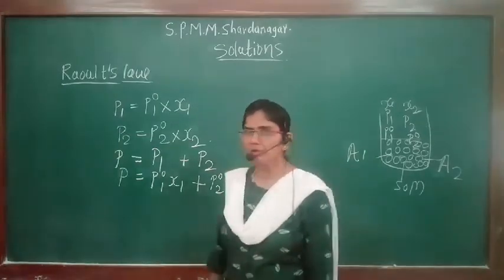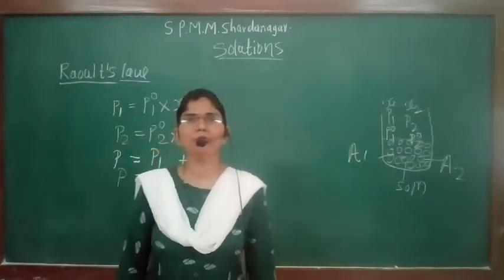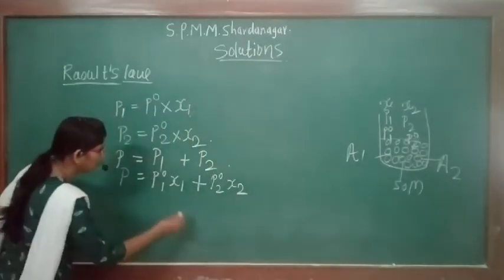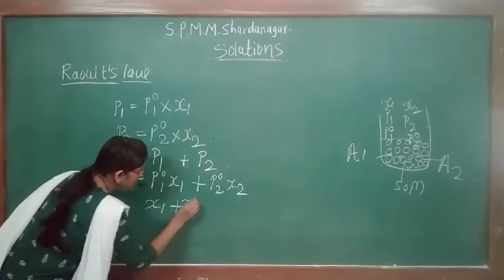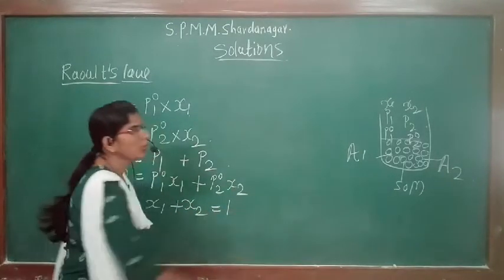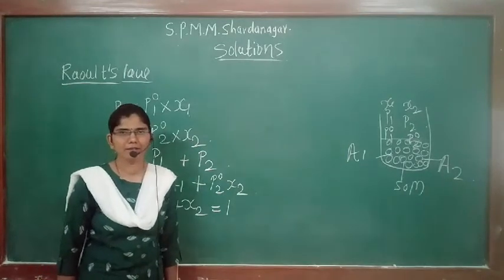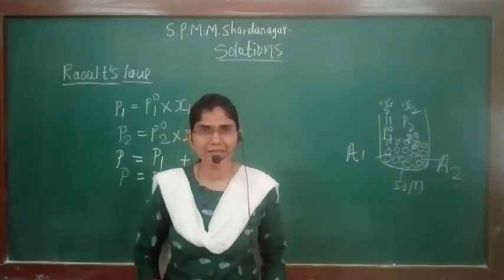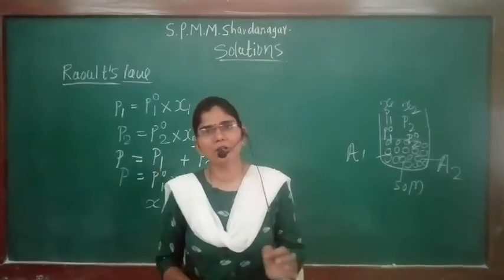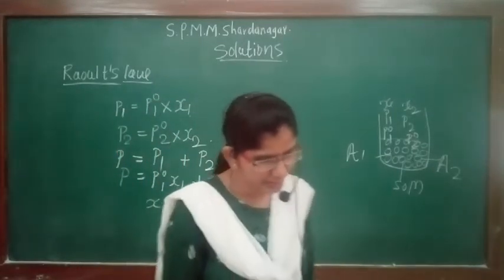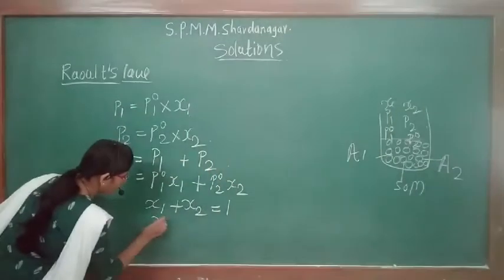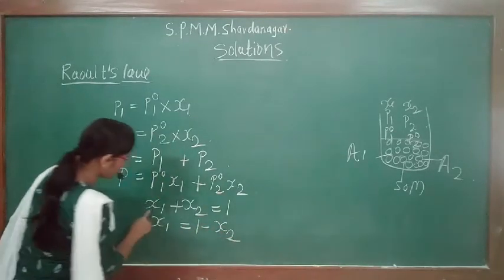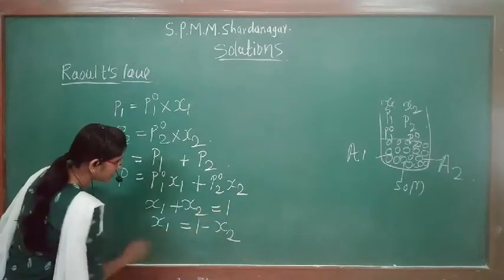But as we know, X1 and X2 are the mole fractions of the first and second components, and X1 plus X2 is equal to 1. The total mole fraction is equal to 1. Therefore X1 is equal to 1 minus X2.